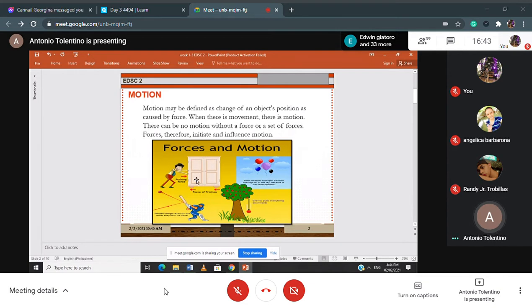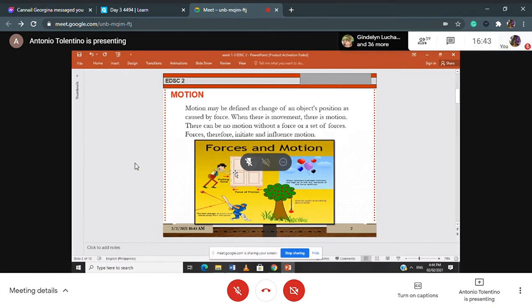Another example is pushing a cabinet. The force of friction resists, then your pushing force is what moves the cabinet. Hitting a ball is also a good example of motion and force.